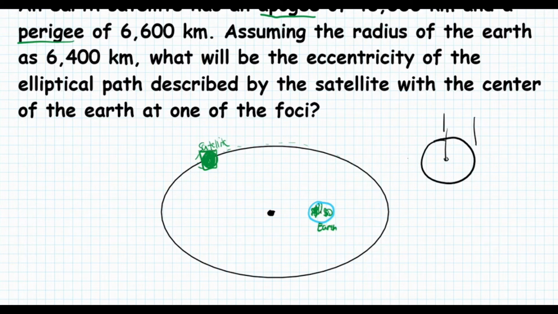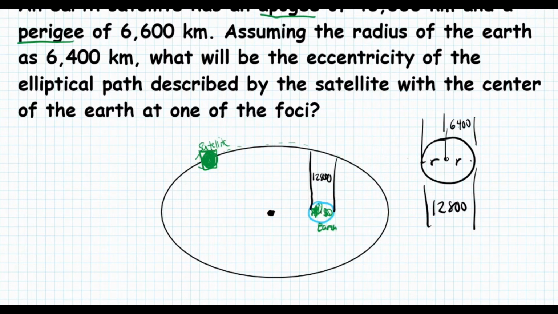Alam natin, R to R, 6,400 kilometers, 6,400 kilometers din to. Meaning, ang diameter ng Earth mo will be equal to 12,800 kilometers. Tama. So, itong si Earth, this is equal to 12,800 kilometers, yung diameter niya.